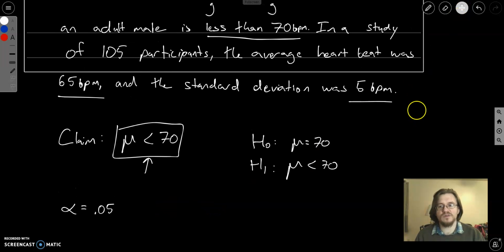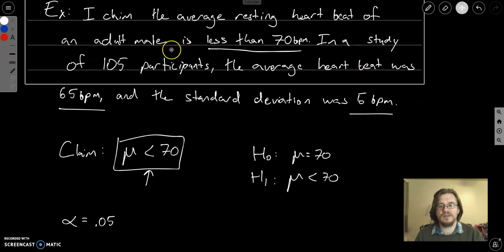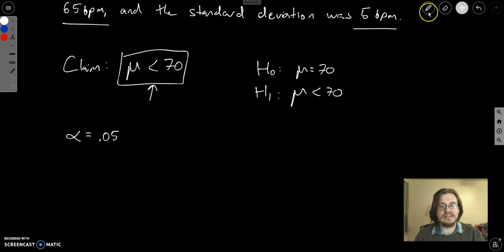Next, we need to determine our test statistic. So because we are looking at averages, and we don't know the standard deviation of the entire population, we are going to use the t-test statistic. And in this instance, this is going to be the sample average minus what we expect the population average to be, according to our null hypothesis, divided by the sample standard deviation divided by the square root of our sample size.